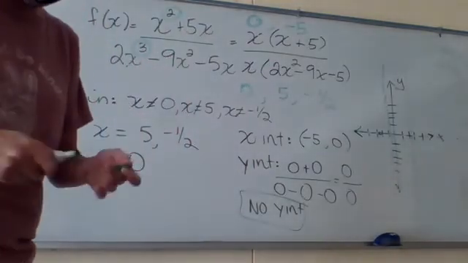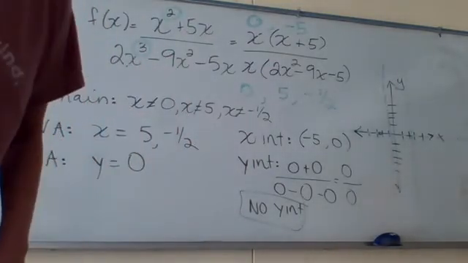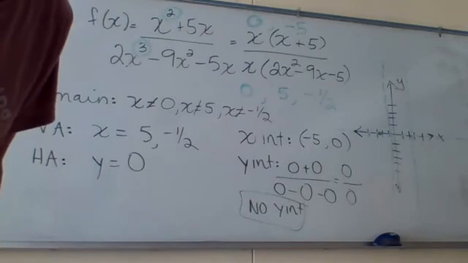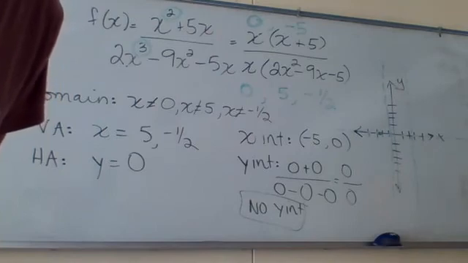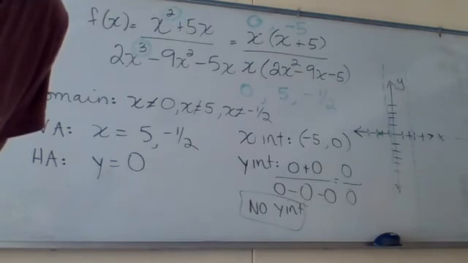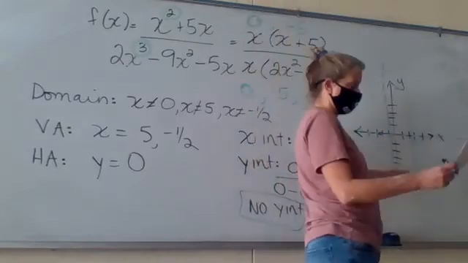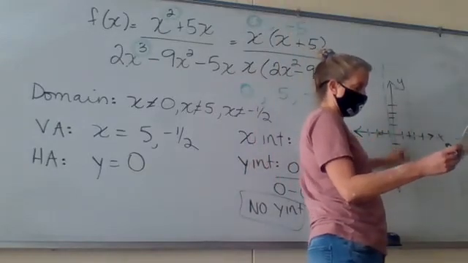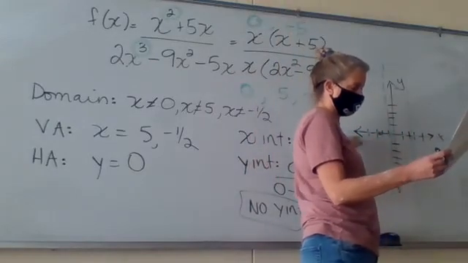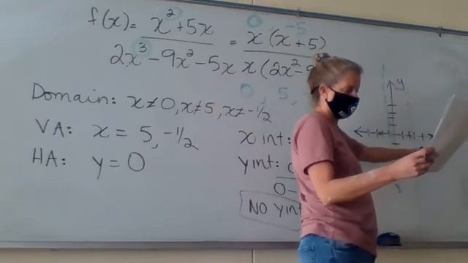Okay, so let's see. What can we knock out? A, B, C, or D? Looking at A, it has the correct vertical asymptotes, right? It's got one at -1/2, one at +5. It's got the horizontal asymptote.